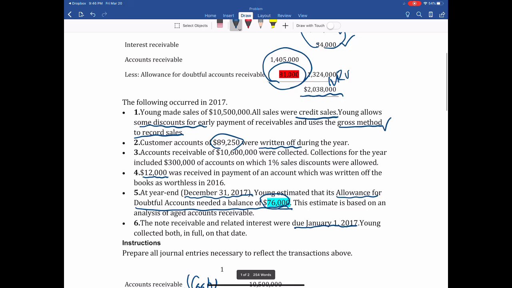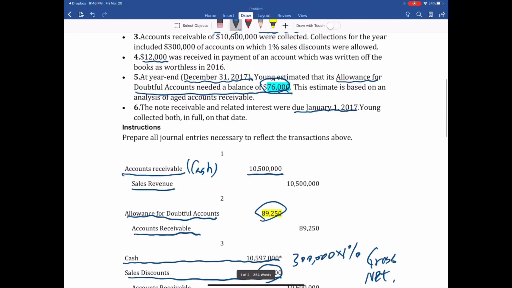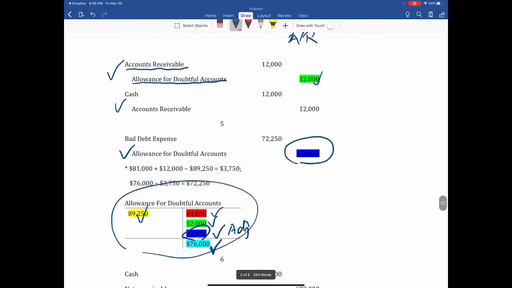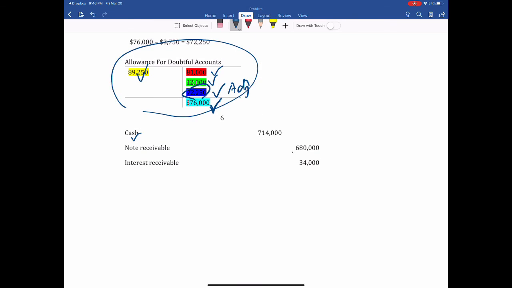So for the collection of receivables, basically we just debit cash and credit the receivables. Okay, so I should move this to here. This is debit, this is credit.